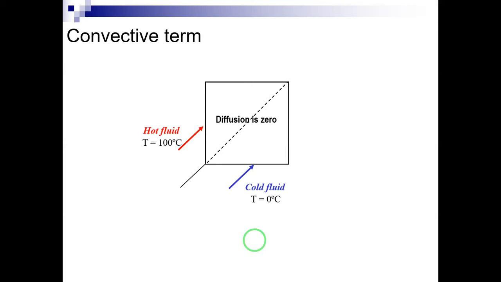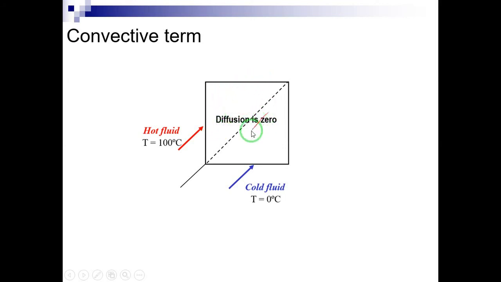Here we will consider a fluid flow whose temperature above the diagonal is 100 degrees Celsius. On the other hand, below the diagonal it is 0, as shown in this figure. So above the diagonal the temperature of the fluid is 100 degrees Celsius.